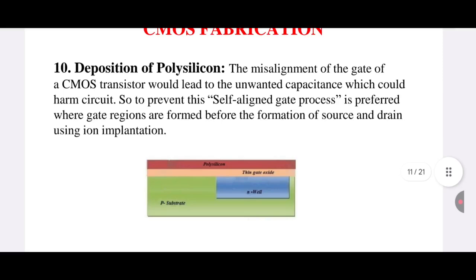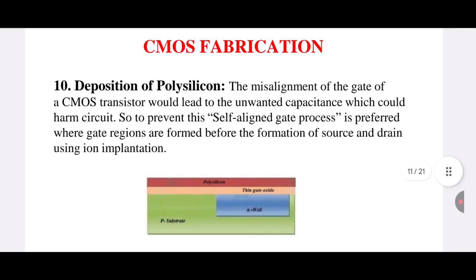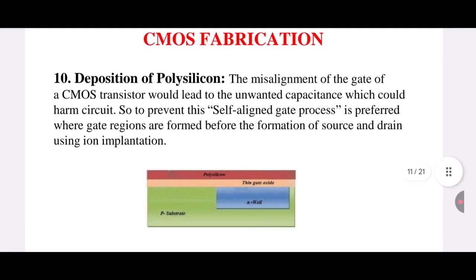Next we are concentrating on the deposition of gates. In this technology, since we are integrating two different technologies, we will require two different gates. With the help of chemical vapor deposition, we are going to deposit polysilicon all over the surface, which will create two gates, one for the N-type device and another for the P-type device.